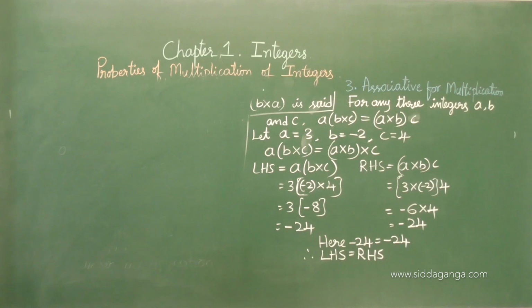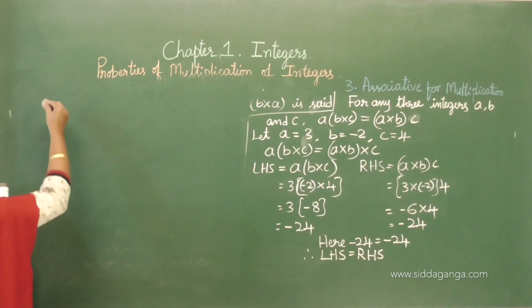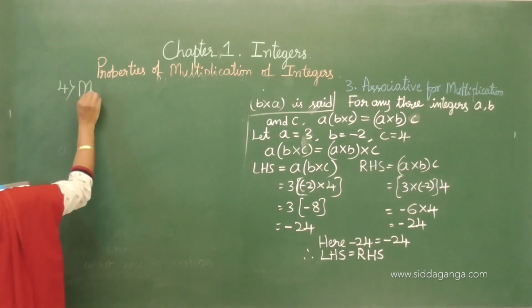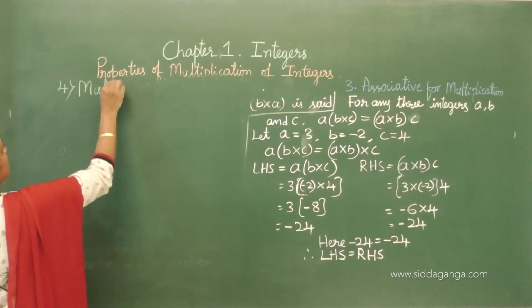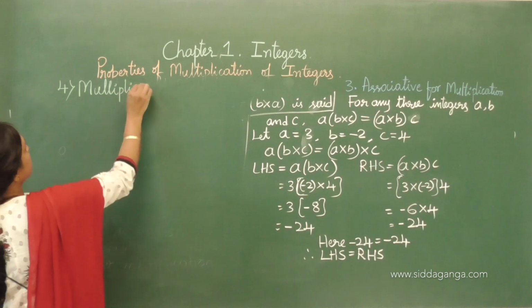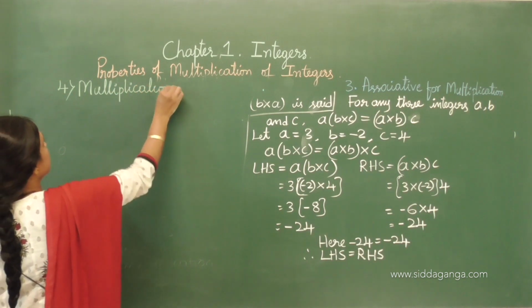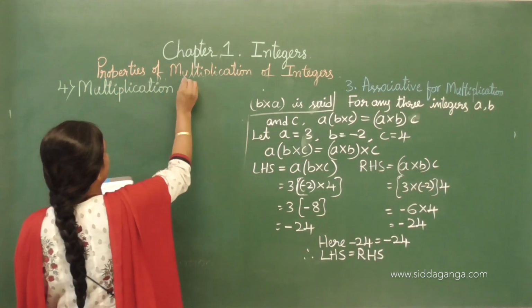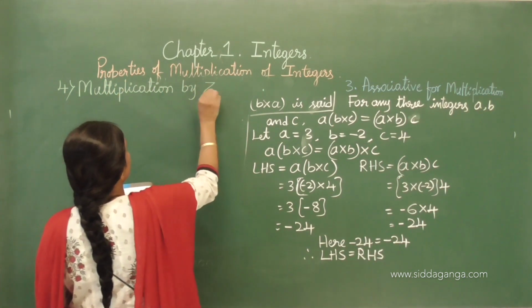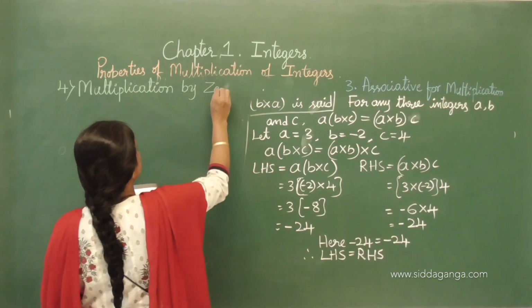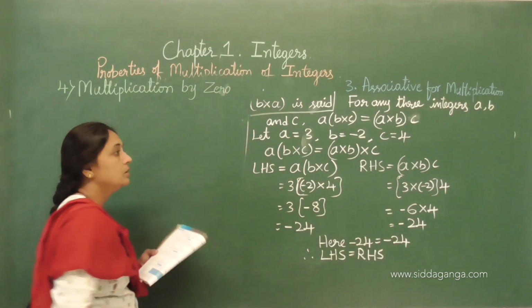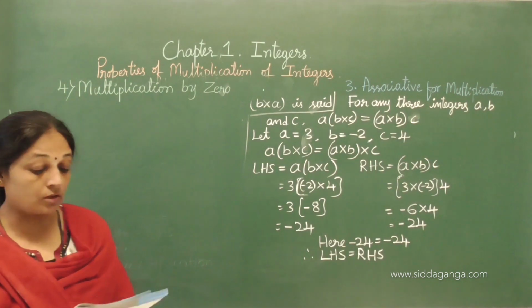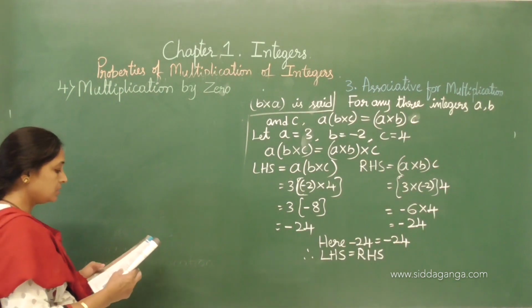So here the fourth one we have is multiplication by 0. 0 is also present in integers.